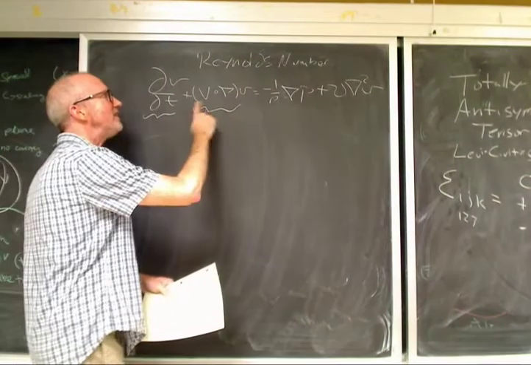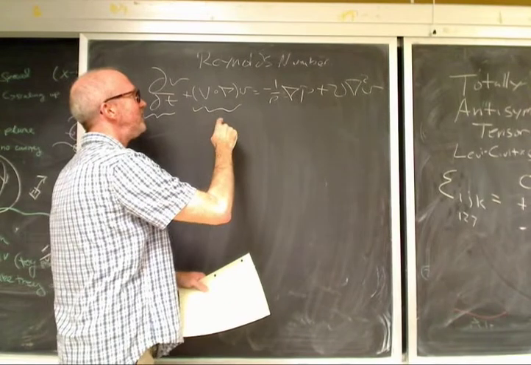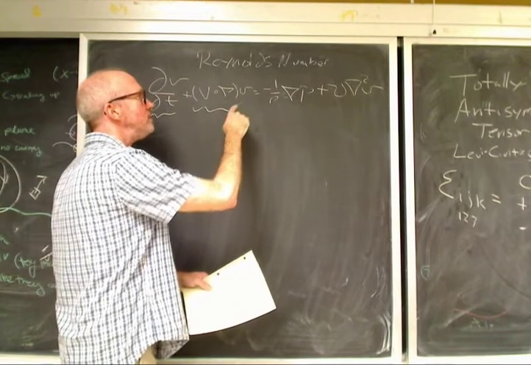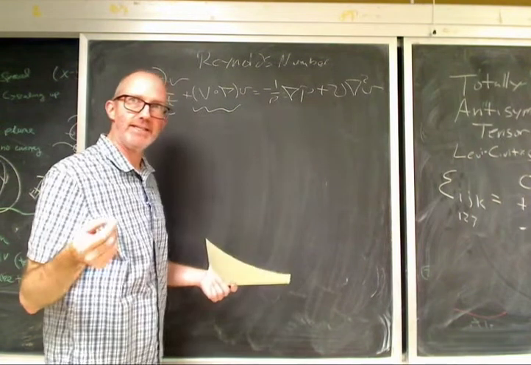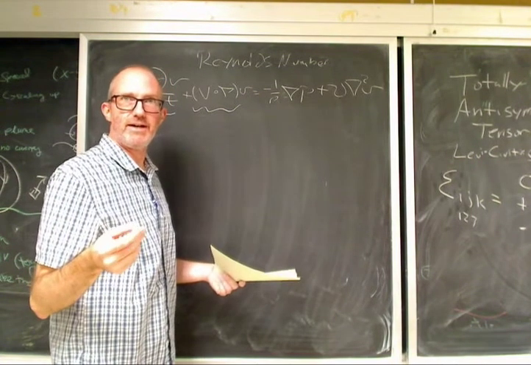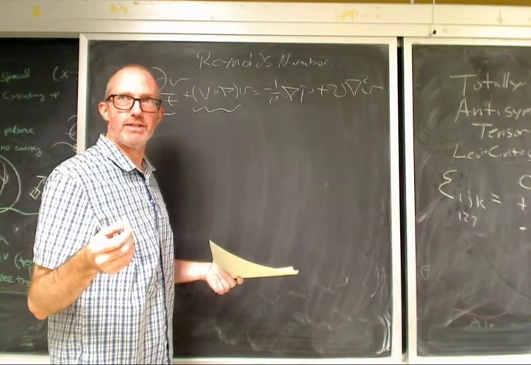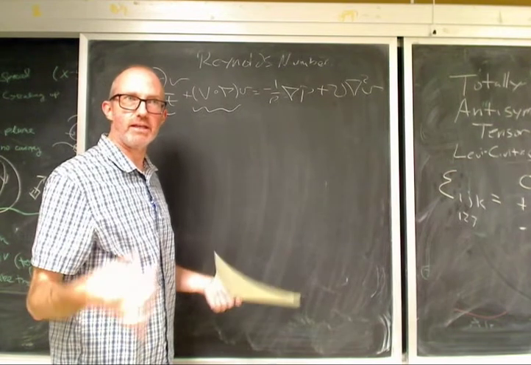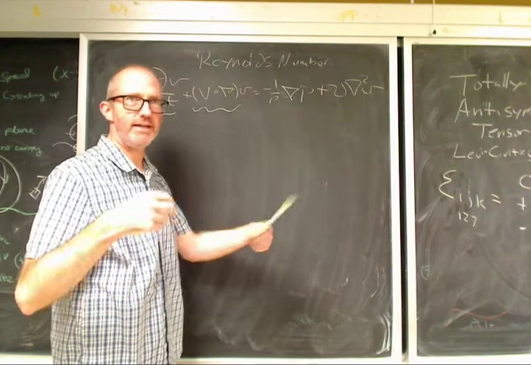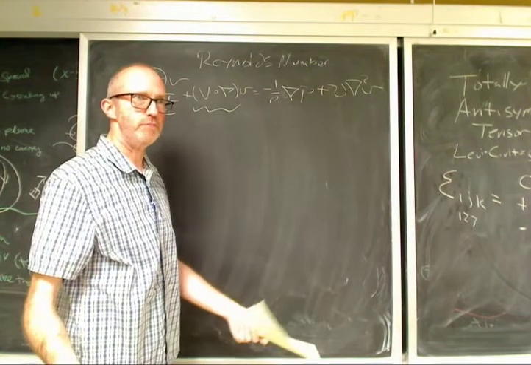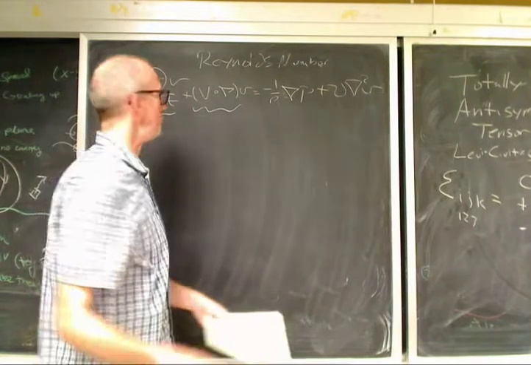This bit, v dot grad, is what's pushing velocity. V dot grad v is pushing velocity. If I wanted to think about a scalar concentration density, so say I dump a bunch of pollutant into the room somehow.